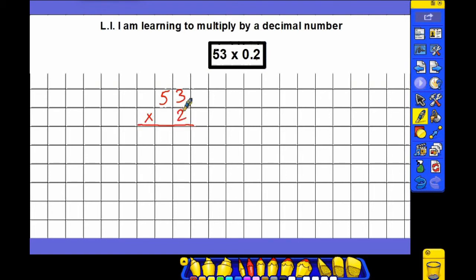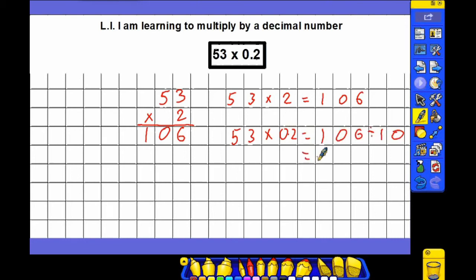So 2 times 3, 6, 2 times 5, 10. And I get the answer of 106. However, this 2 is 10 times bigger than 0.2. So if 53 times 2 is 106, then 53 times 0.2 is going to be 106 divided by 10.